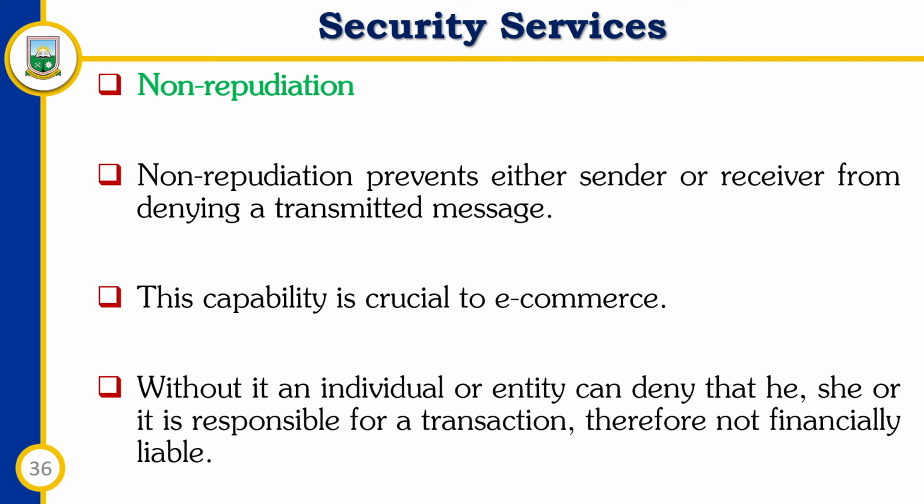In this case, it is crucial to ensure that a party to a contract or a communication can't deny the authenticity of their signature on a document or sending the communication in the first place. If I have your Visa card and I do a transaction in your name, and I have your key and all of that, and I use it to pay for goods online, of course the deduction will be made because all the key things that are supposed to be peculiar to you have been provided.